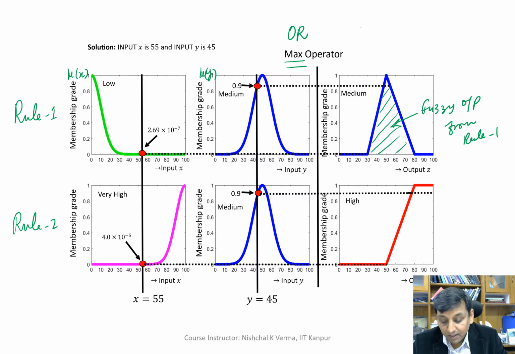Now on the same lines, if we move to rule number 2, we get the point of intersection for very high as 4.0 into 10 raised to power minus 5, and for y equal to 45, we get 0.9. Here also we get 0.9 as the max of these two values, and when we use this value for truncation, we get this as the fuzzy output.